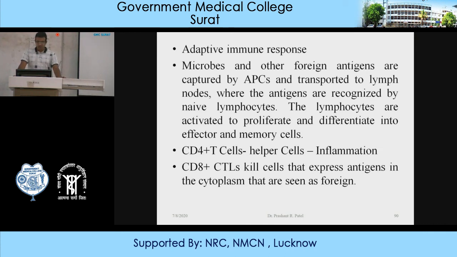CD4 plus T cells are activated and converted into effector cells known as helper T cells, which induce inflammation by production of various cytokines. CD8 plus T cells kill infected cells via the perforin pathway and destroy the infected cells.